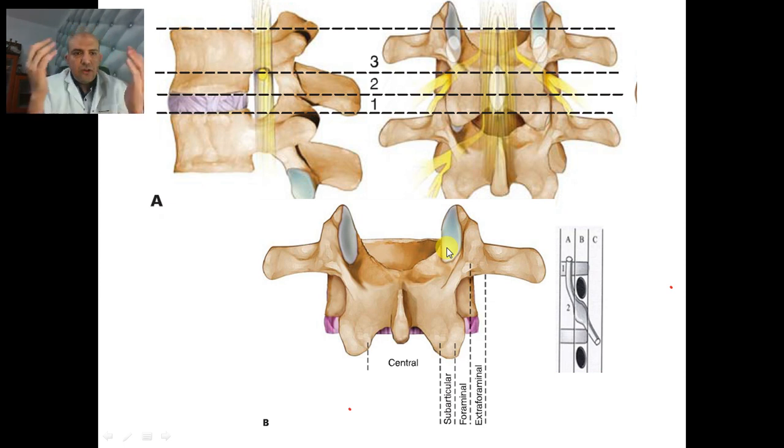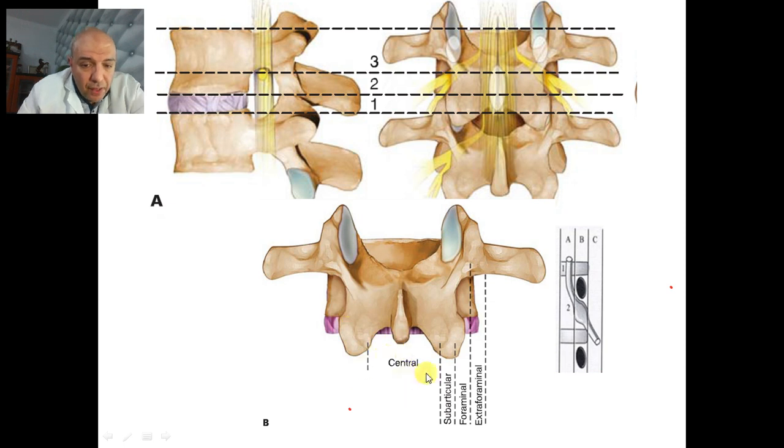So again, the superior articular process is articulating with the inferior articular process of the cephalic vertebra, and the inferior articular process, which is located posteromedially, is articulating with the superior articular process of the caudal vertebra. Okay.